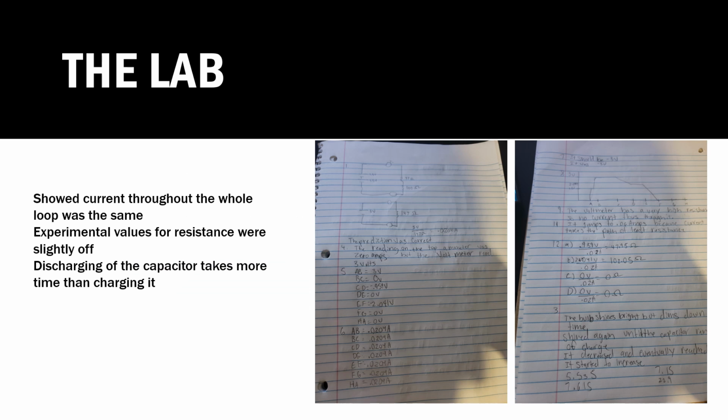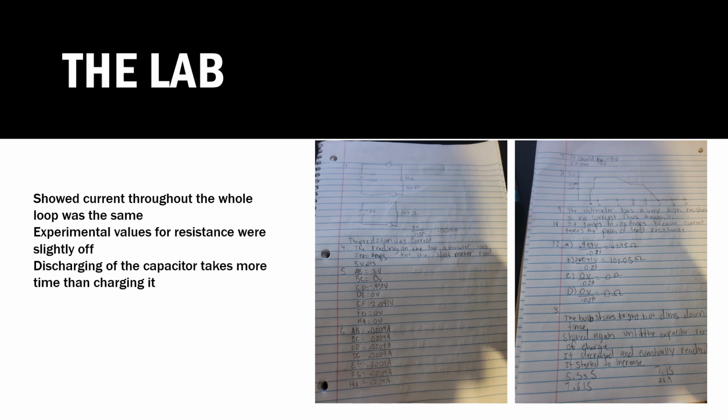So a few key takeaways of this lab. We were shown that in a one-loop circuit the current is going to be the same at every point in the circuit. And we saw that even though they were ideal components in this lab, the calculated resistances of the resistors were a bit off.